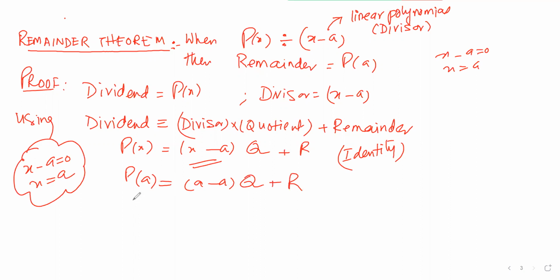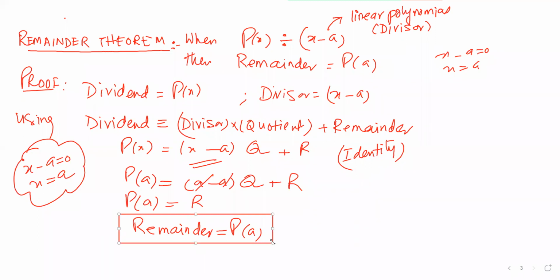Obviously this is 0 plus R, so this is R, the remainder. So the remainder is p(a). When you put the value of x from the divisor in the dividend, we get the remainder. So this is the proof of the remainder theorem.